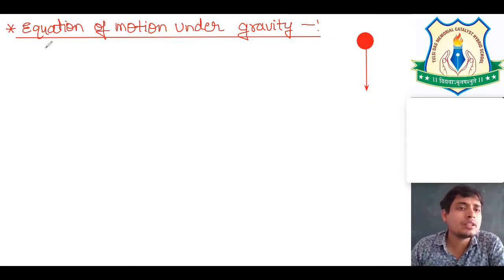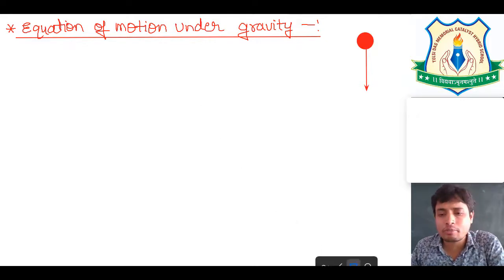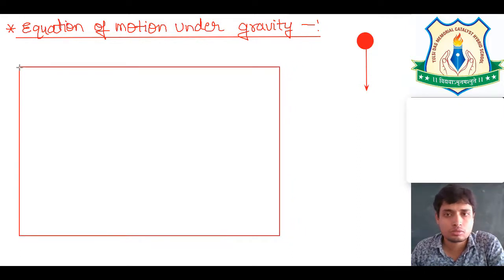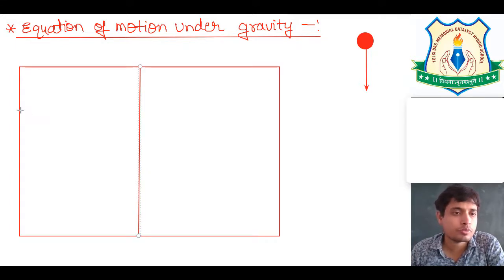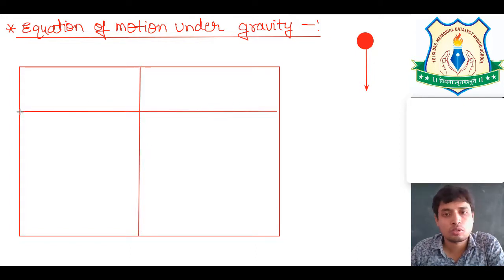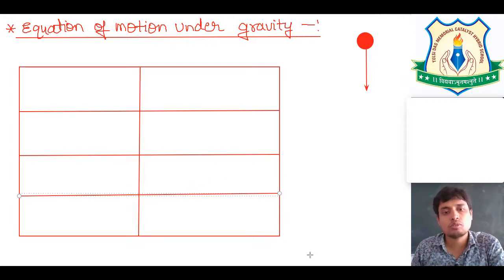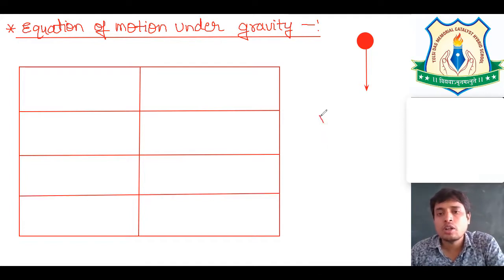Like there are three equations of motion. Let me write. The first equation of motion is v equal to u plus at.